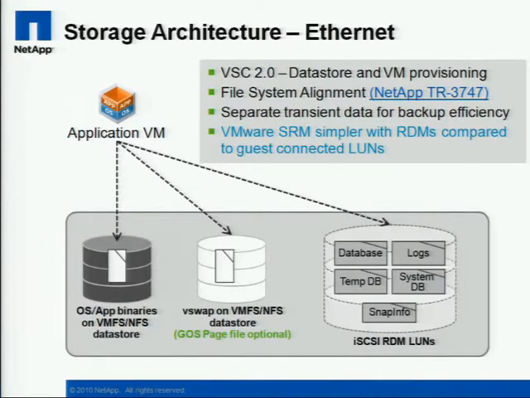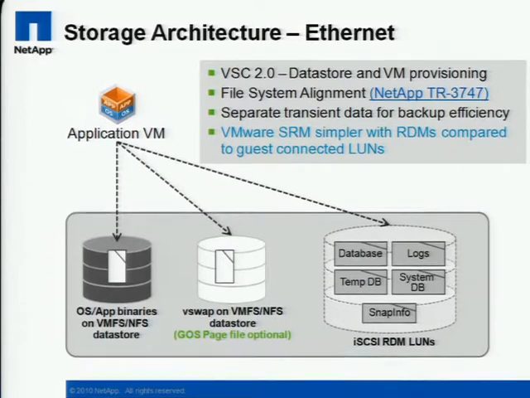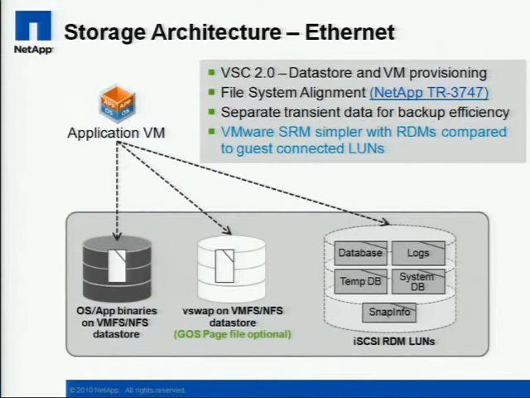The rest of the data, the application data that is managed by the SnapManager products, would live in iSCSI RDMs. And we recommend iSCSI RDMs in solutions that use SRM because an iSCSI RDM is actually connected to the ESX host, and it's assigned to the virtual machine. The virtual machine owns the device, but the access to that device is routed through the ESX host.